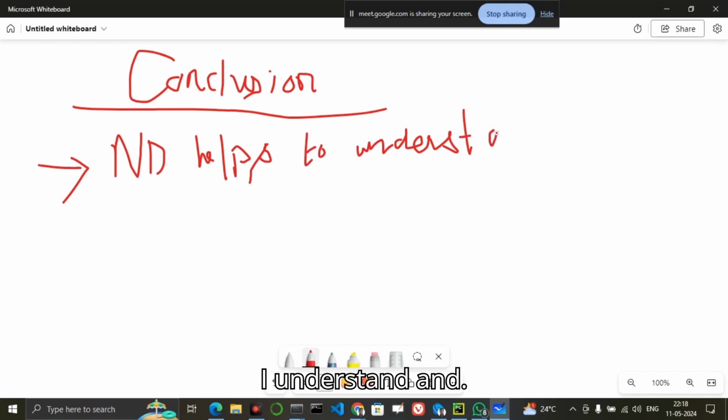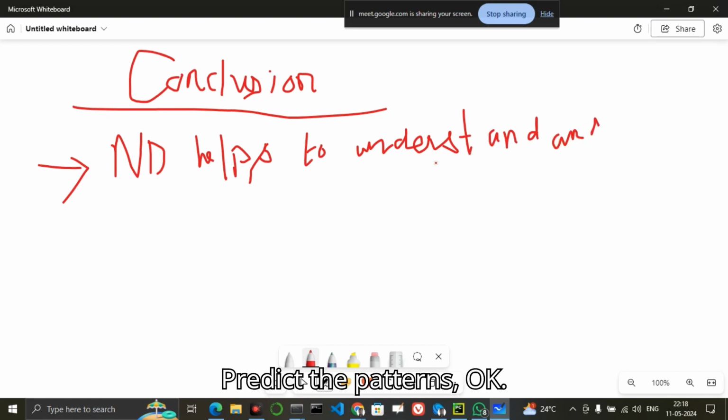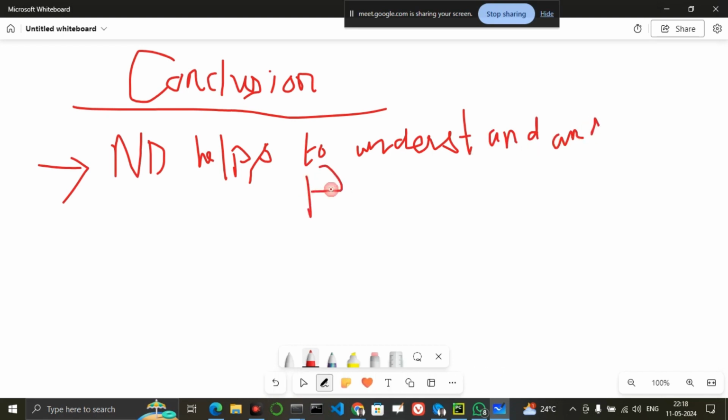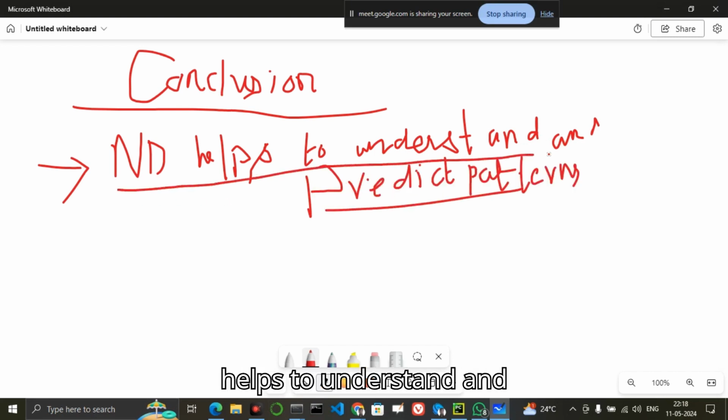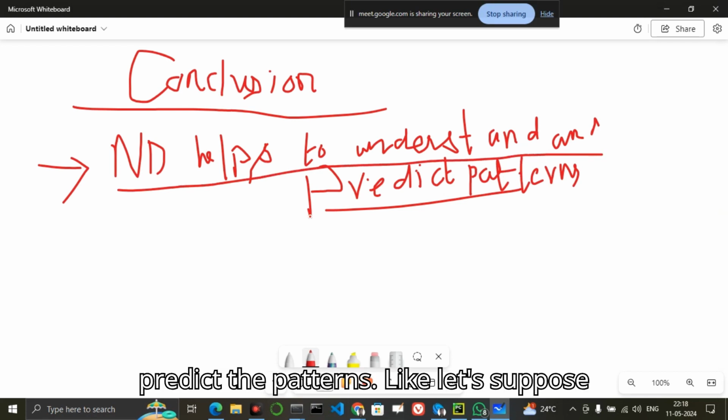Normal distribution helps to understand and predict the patterns.